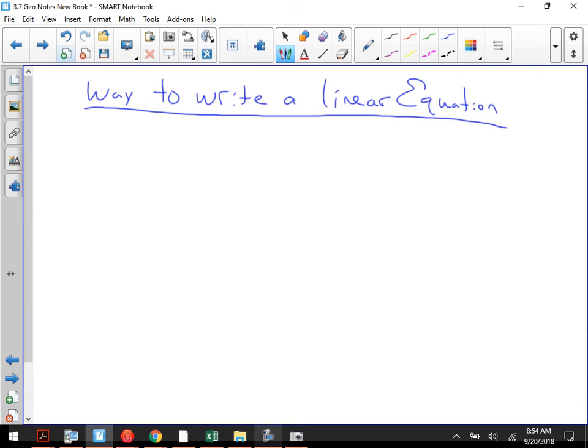And traditionally, you guys were taught one way first. What was this called? Very good. Y equals mx plus b is the most common form of writing the equation of a line because it's written as what's called slope-intercept.